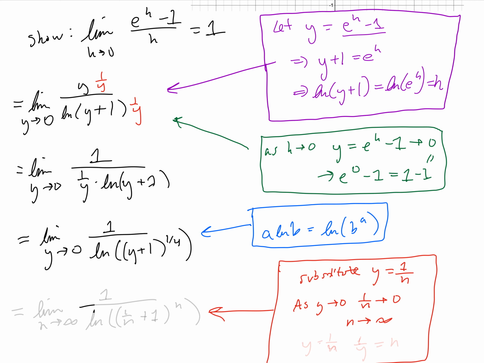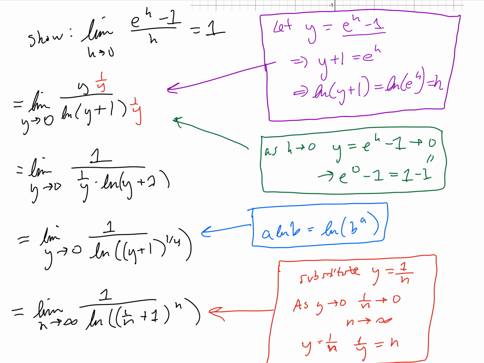If 1/n is going to 0, that means n's going to infinity, or potentially negative infinity. What else? So y is 1/n, that means that 1/y is equal to n. So we are substituting into that limit, and we've got the limit as n goes to infinity of 1 over the natural log of (1/n + 1) to the nth power.